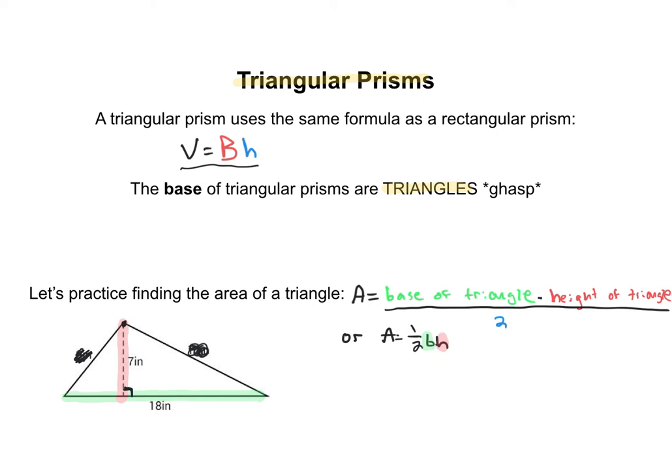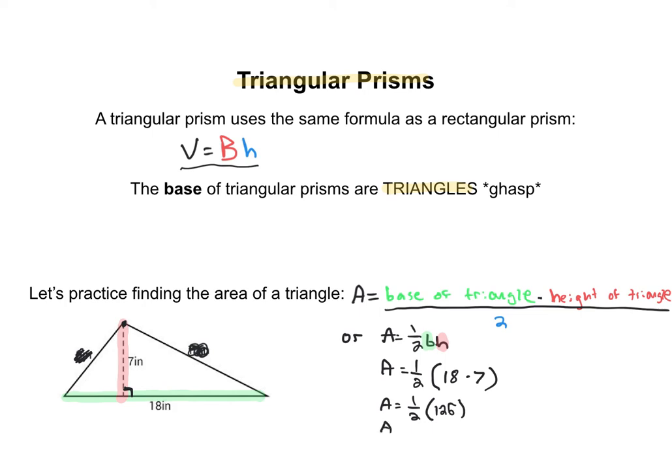So here, the area of this base is 1/2 of 18 times 7, or your area is 1/2 of 126.